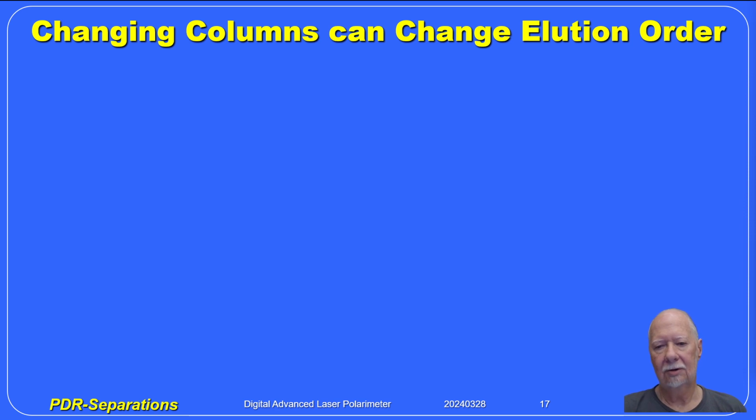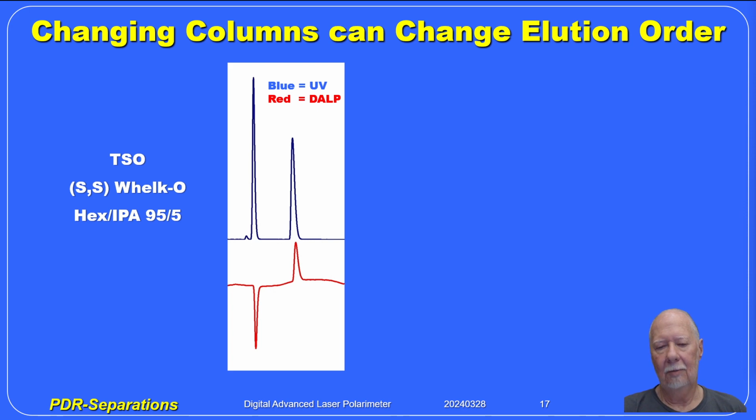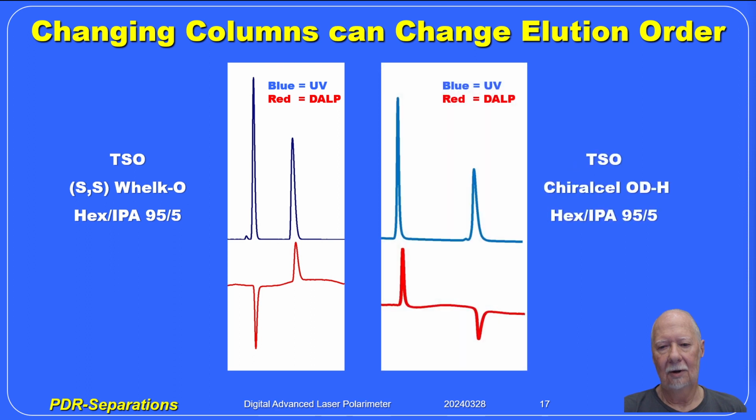Changing columns can change elution order. Here's a chromatogram of trans-stilbene oxide on an SS Whelk-O column using hexane IPA 95:5. Here is a similar chromatogram using the same trans-stilbene oxide on a Chiralcel OD-H, also using hexane IPA 95:5.